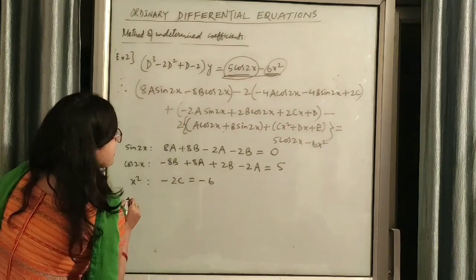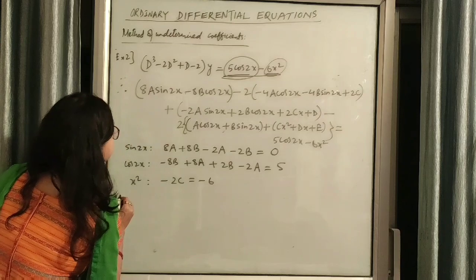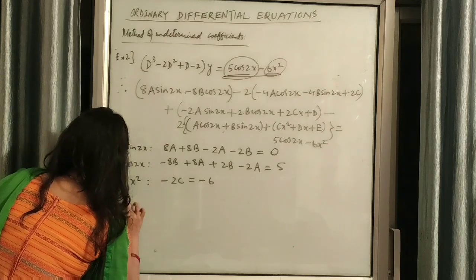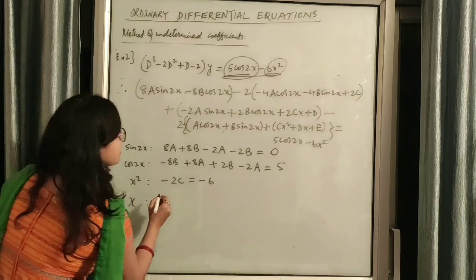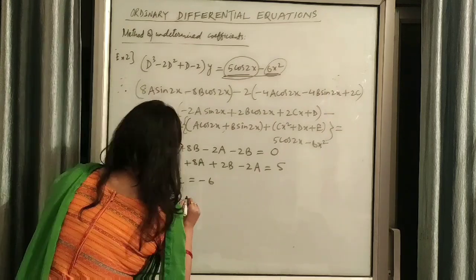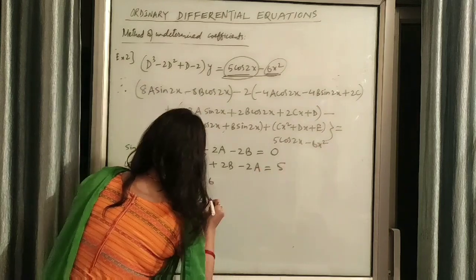Next we have the coefficients of x. The coefficient of x on the left hand side we have 2c minus 2b. On the right hand side there is no such term, so it is equal to 0.